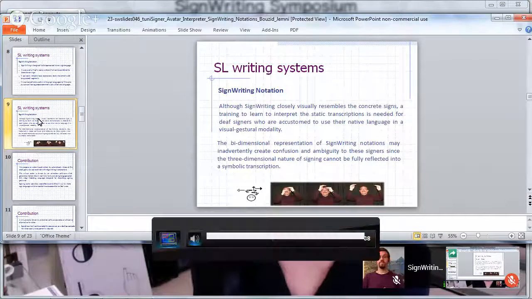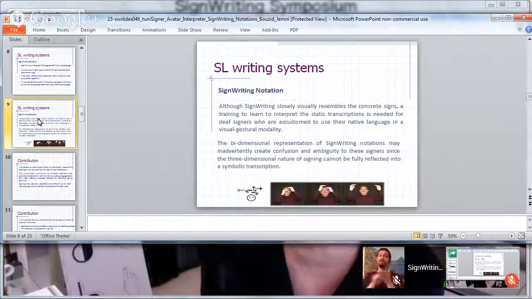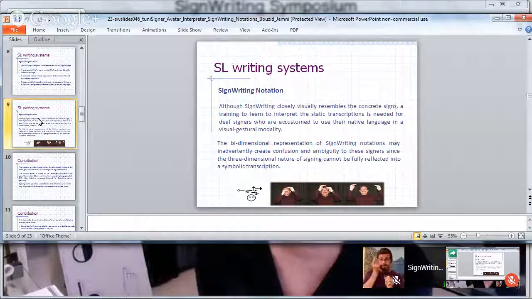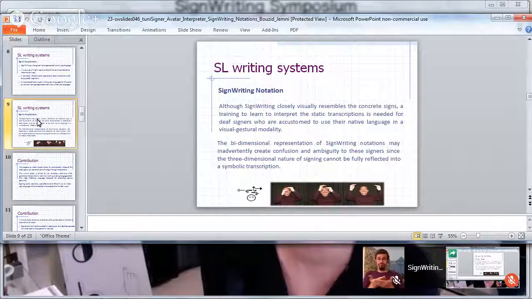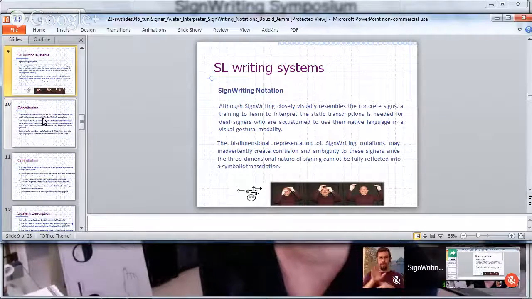SignWriting Notation. Although SignWriting closely visually resembles the concrete signs, training to learn to interpret the static transcriptions is needed for deaf signers who are accustomed to using their native language in a visual-gestural modality.